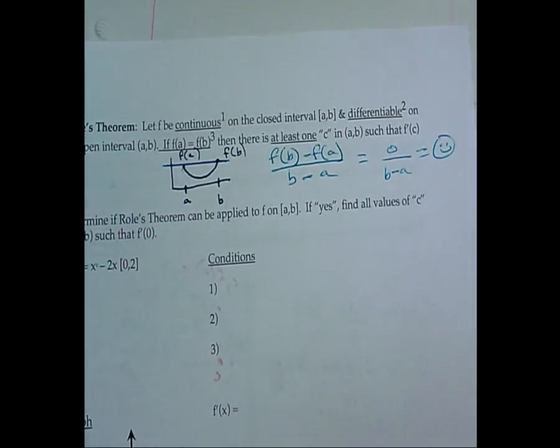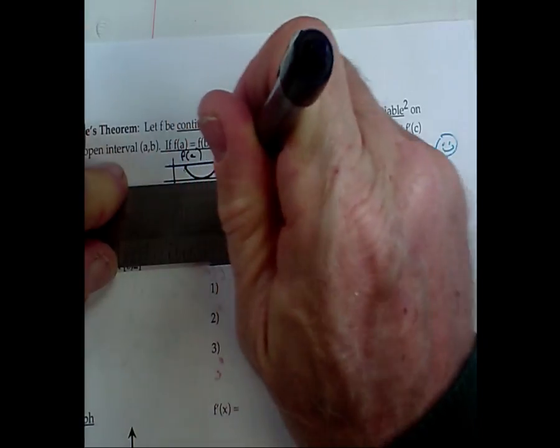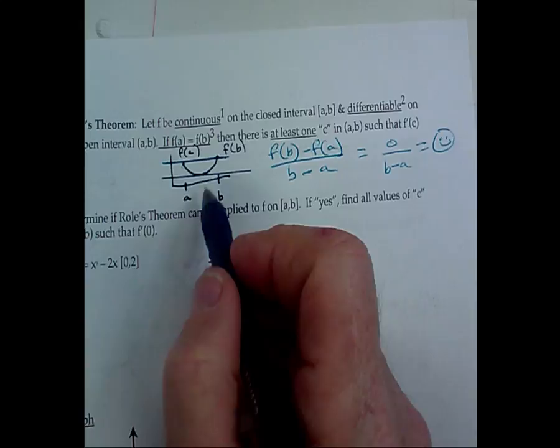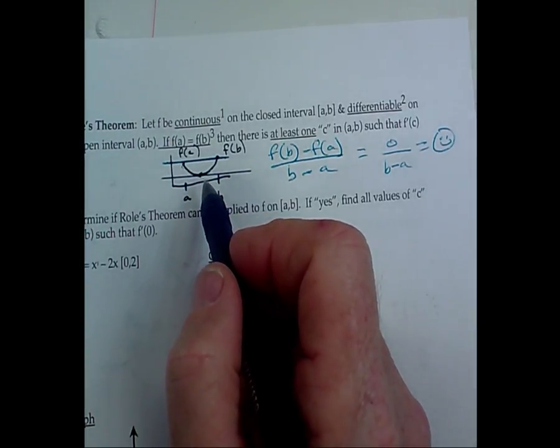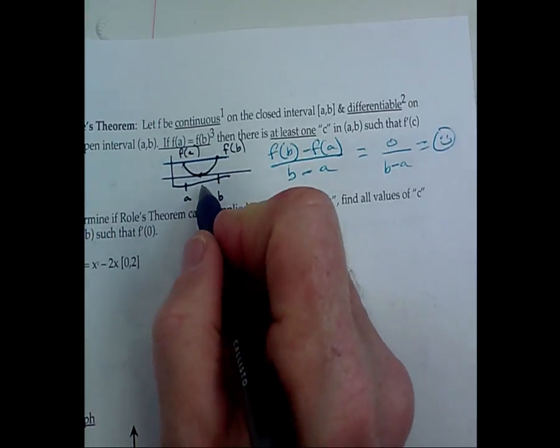Which means I've got a tangent line, since it's differentiable, that's parallel to it, correct? It also has to be horizontal, correct? Meaning that this point's got to be a what? A turning point, doesn't it? This is where my C is.